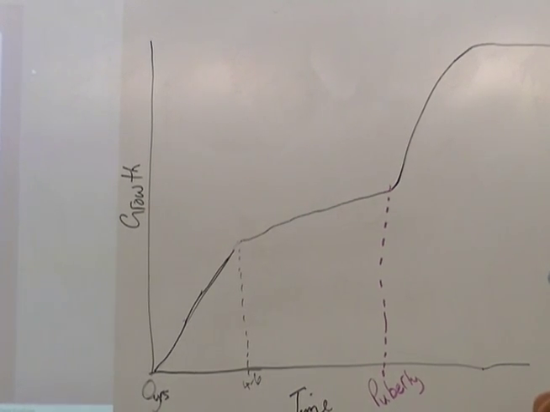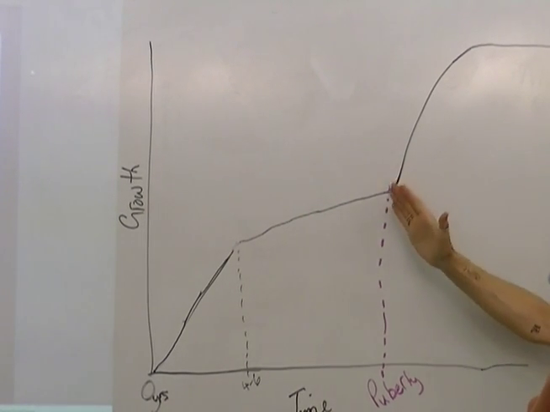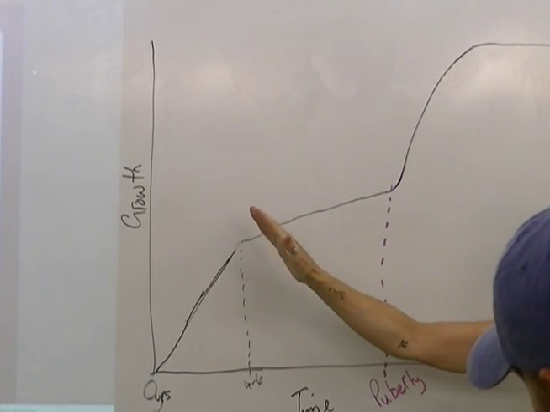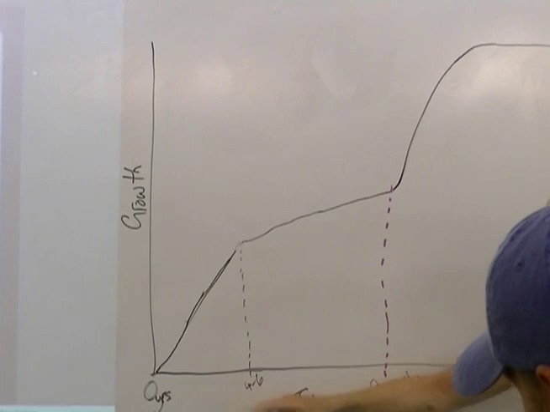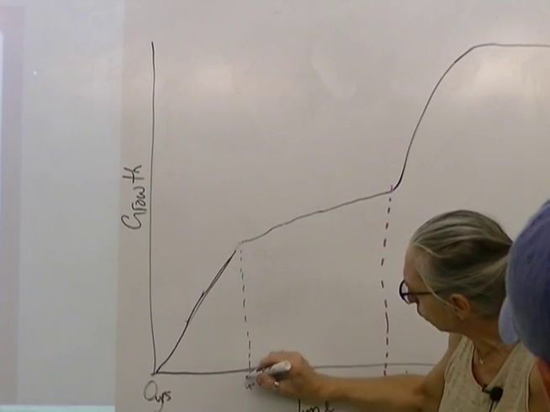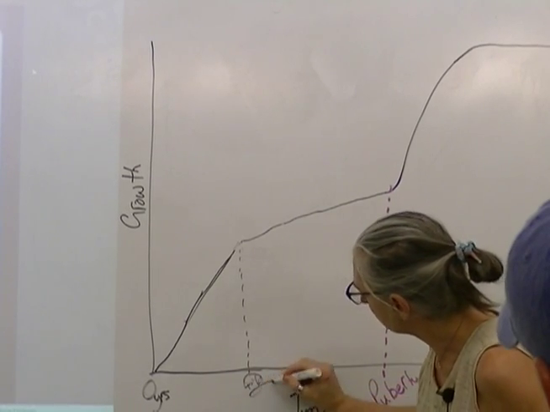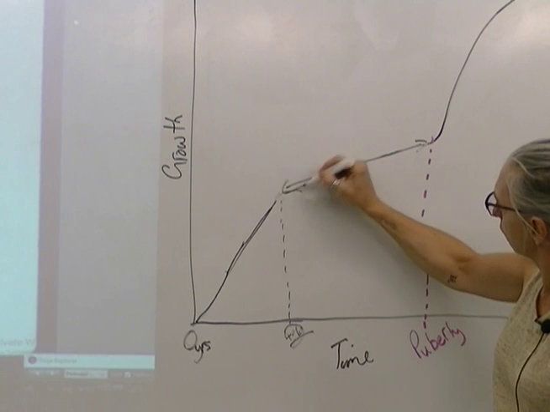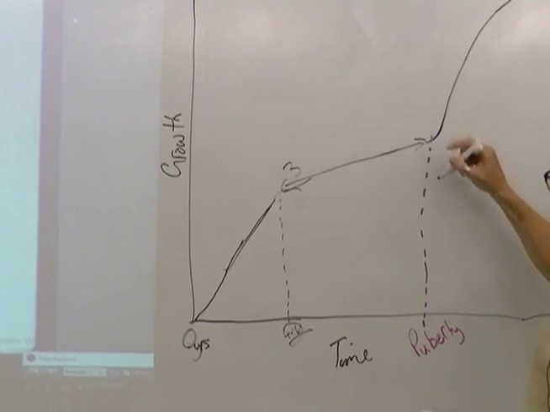But the timing, particularly of the start of the second curve, but even the finish of the first one. So actually this should be 2, and this is 3 to puberty.